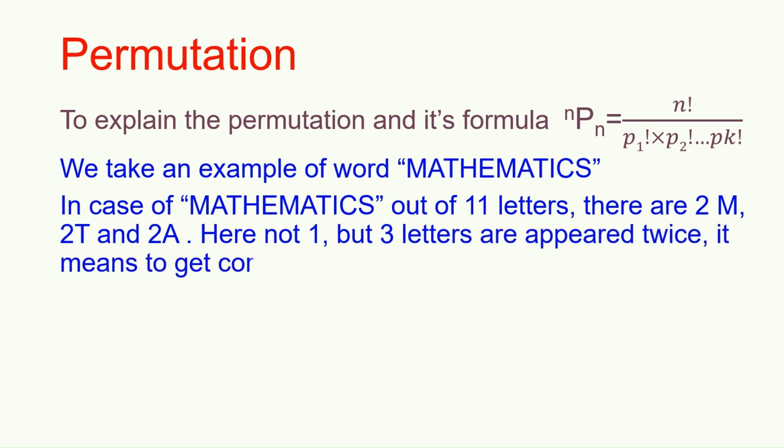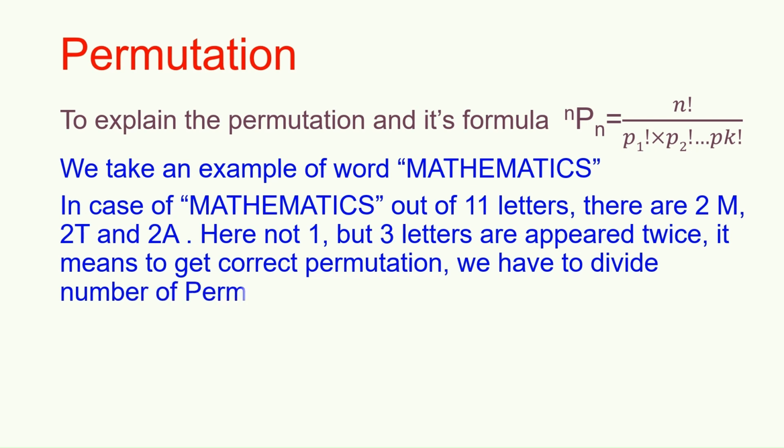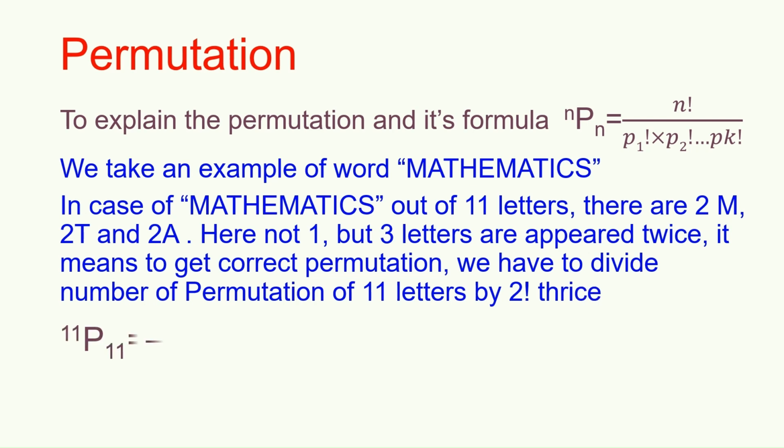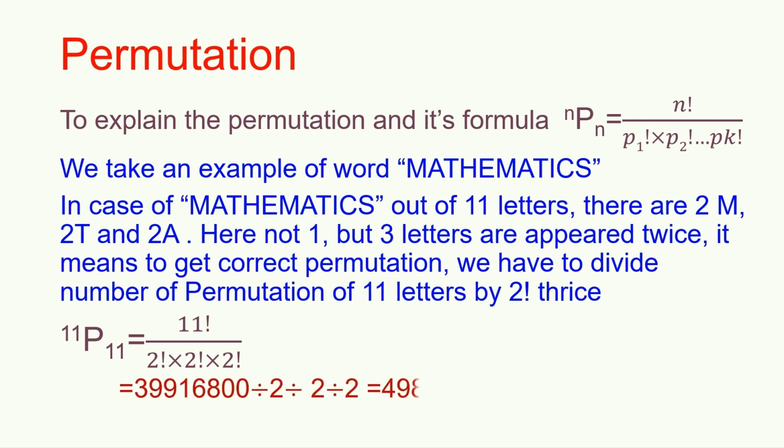It means to get the correct permutation, we have to divide the number of permutations of 11 letters by 2 thrice. 11P11 equals factorial 11 divided by factorial 2 times 2 times 2, which equals 39916800 divided by 2 divided by 2 divided by 2 equals 4989600.